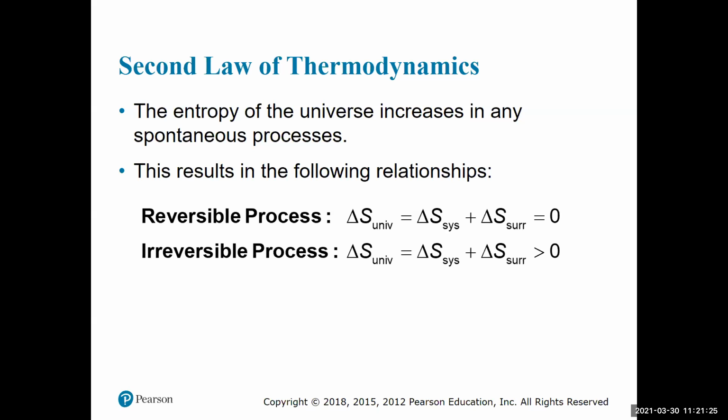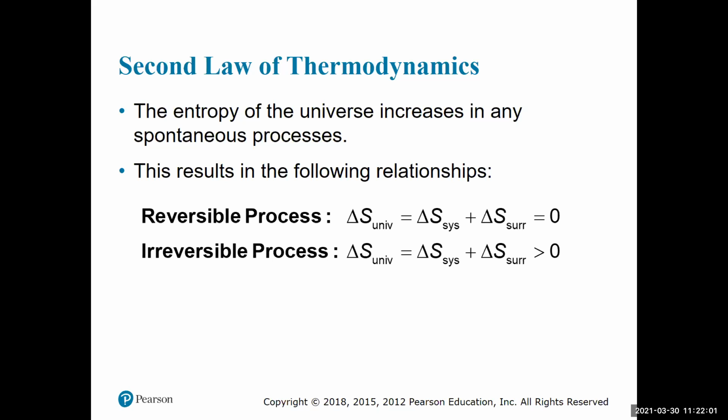Think back to when we were talking about that reversible process where the system gained a little bit of heat, for instance, and then the environment would balance it out. That's kind of what we're talking about there. So reversible processes, the delta S for the universe, the sum of the system and surroundings will be 0. So they'll even out.